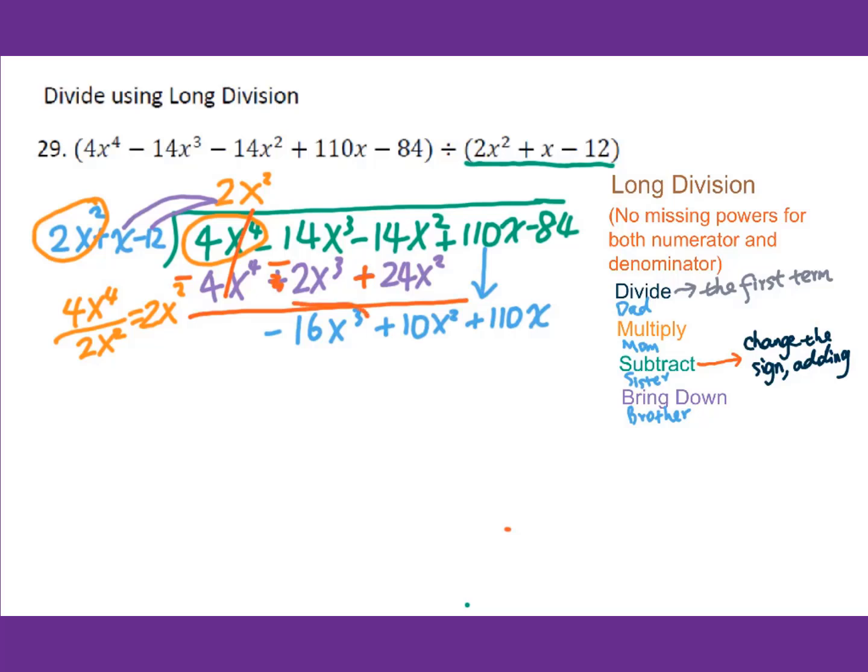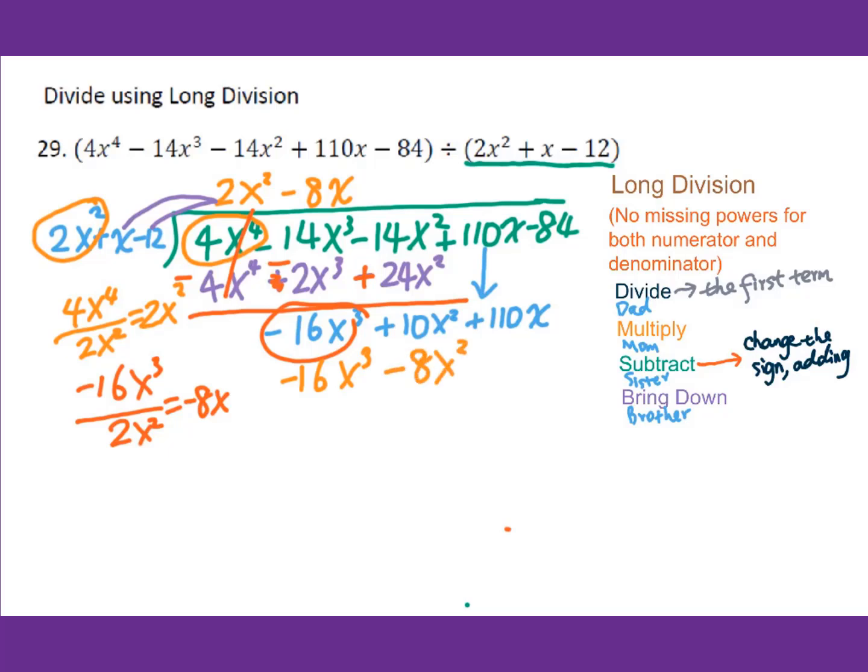So divide, that means negative 16x third power divided by 2x squared. You got negative 8x. So we write down negative 8x. Multiply. The first term, it will be itself. Then x times negative 8x, that is negative 8x squared.